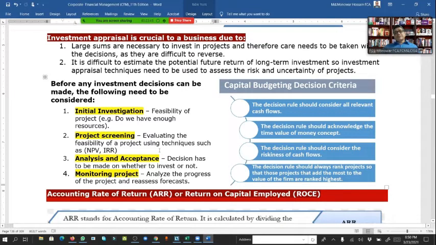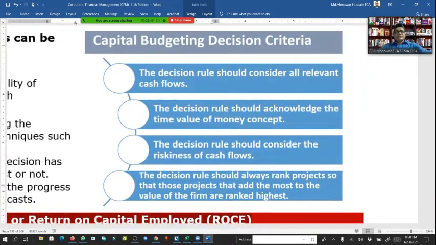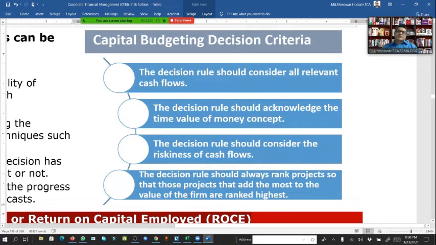Now, capital budgeting decision criteria: the decision rules should consider all relevant cash flow. So which technique is the best technique? It is the one that considers all relevant cash flow.